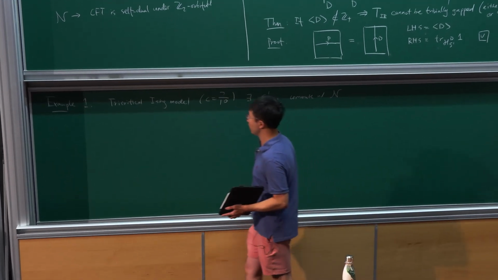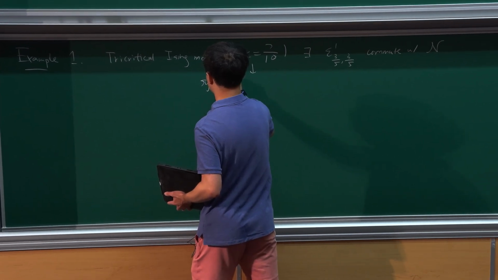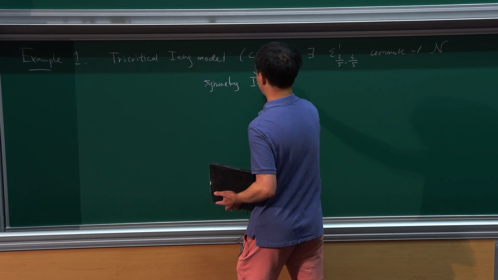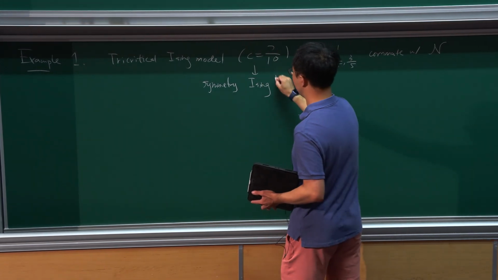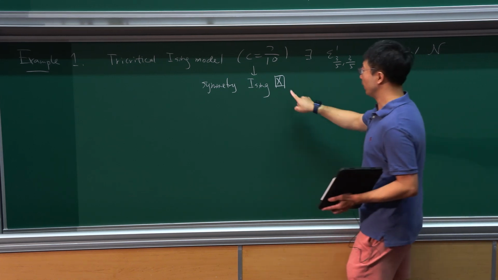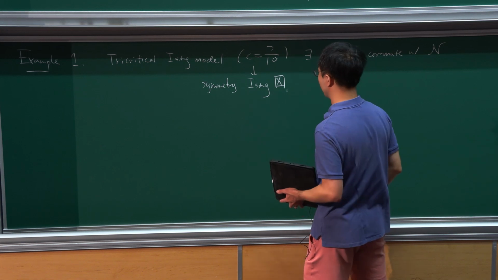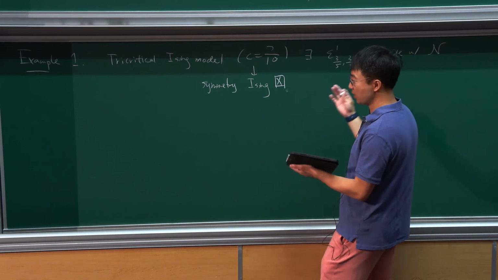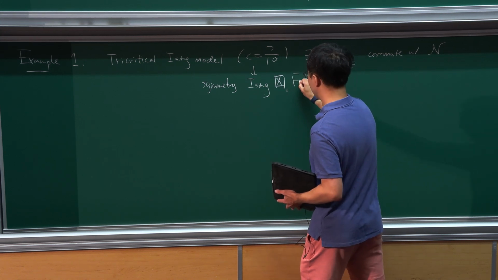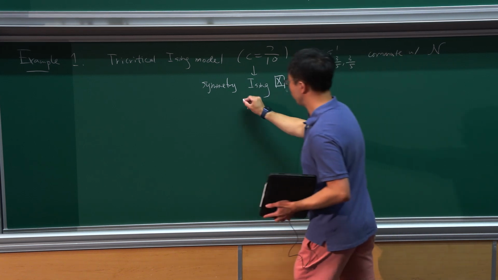So I should first say that this CFT has a symmetry which is quite interesting. It has the symmetry that's described by the Ising fusion category, the same Ising fusion category that we saw in the Ising CFT. But there's a tensor product, or more precisely a direct product, with another symmetry. So it's a composition of the symmetry described by the Ising category and the symmetry described by the Fibonacci category.